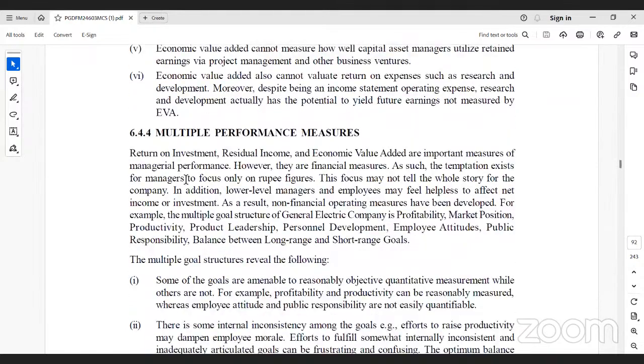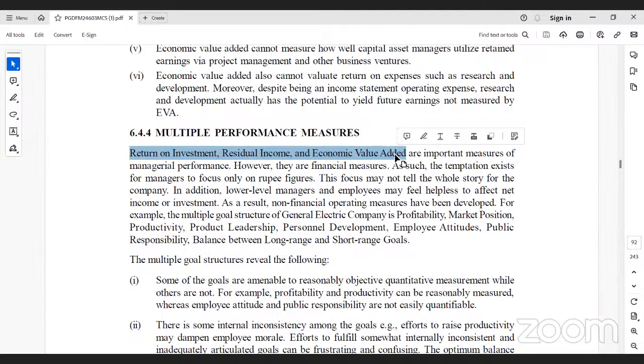The fourth one is multiple performance measures. Whatever we talked about earlier, the three, the ROI method, residual income method, and economic value method, are all important measures of financial measurement, not the overall 360-degree measurement of the firm's performance.